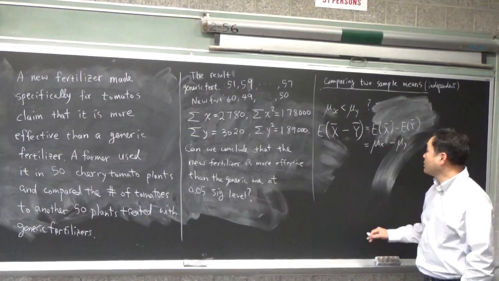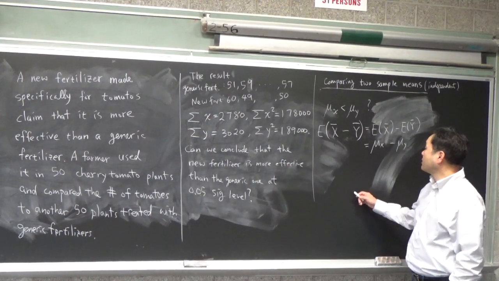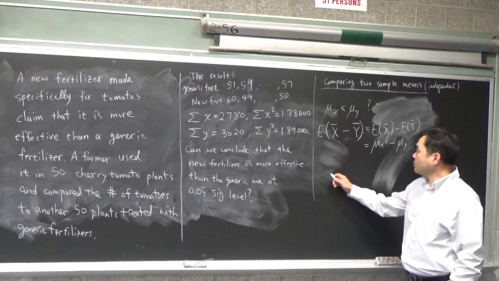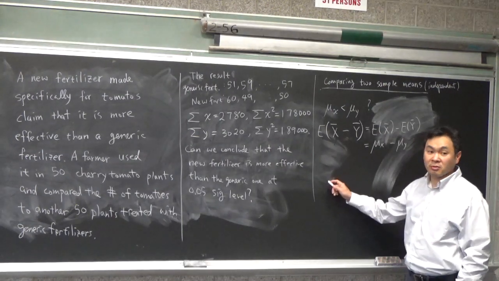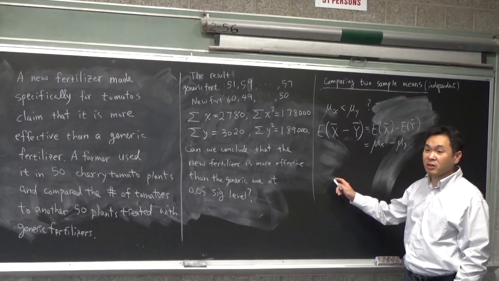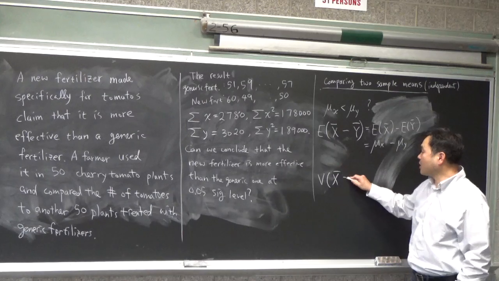Another thing is, now you need the standard deviation. You have to calculate the variance because the standard deviation is the square root of the variance. So let's do V of x bar minus y bar.